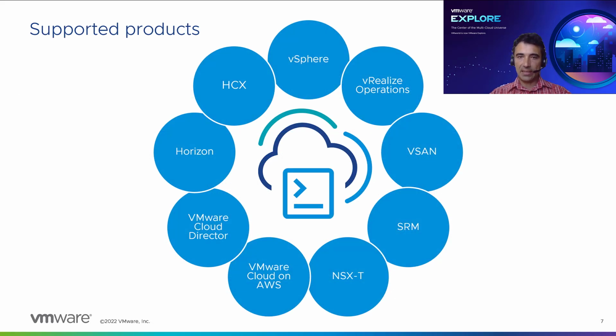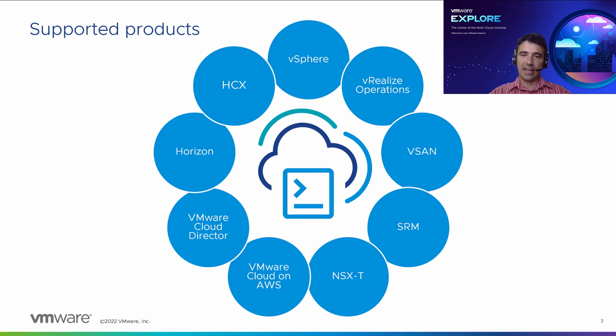And here is a list of the different VMware products that you can automate using PowerCLI. Of course, it includes vSphere, vSAN, but it also includes our cloud products like VMware Cloud on AWS, VMware Cloud Director. It also includes NSX-T, Site Recovery Manager, HCX, Horizon, and so on.